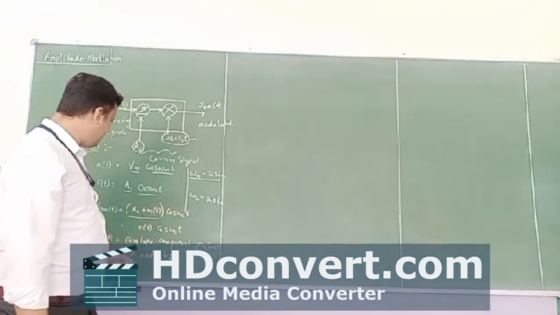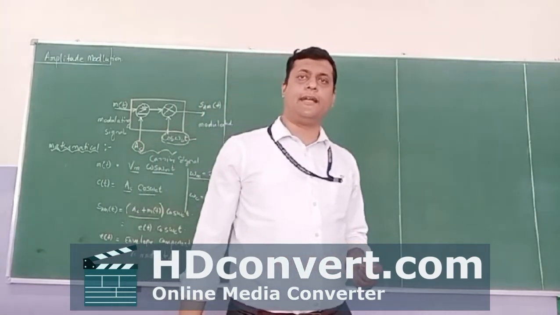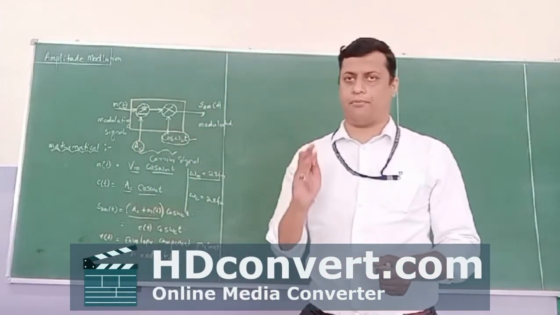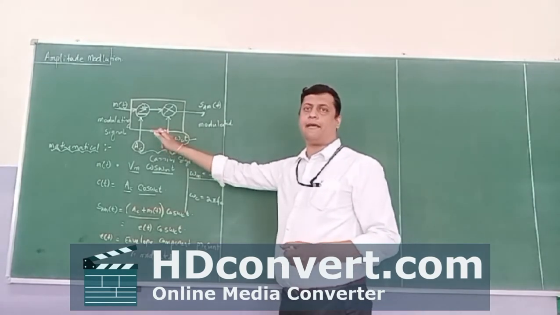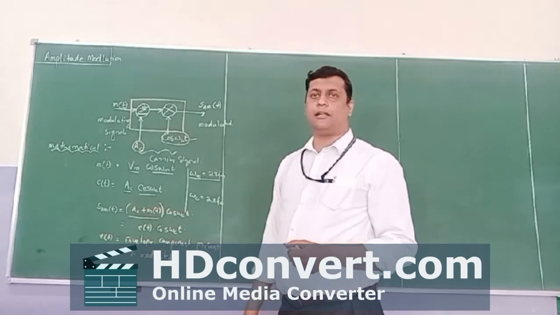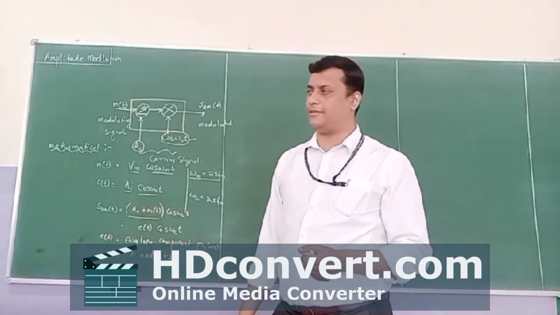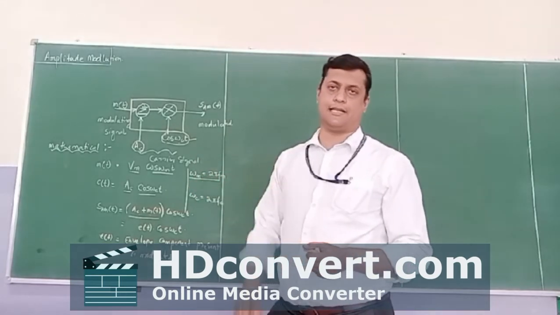So with the help of this envelope, you can understand that this envelope consists of two components. One, amplitude of a carrier, and second, amplitude of the modulating signal. So depend upon these two factors, we are going to see how this AM signal is generated.